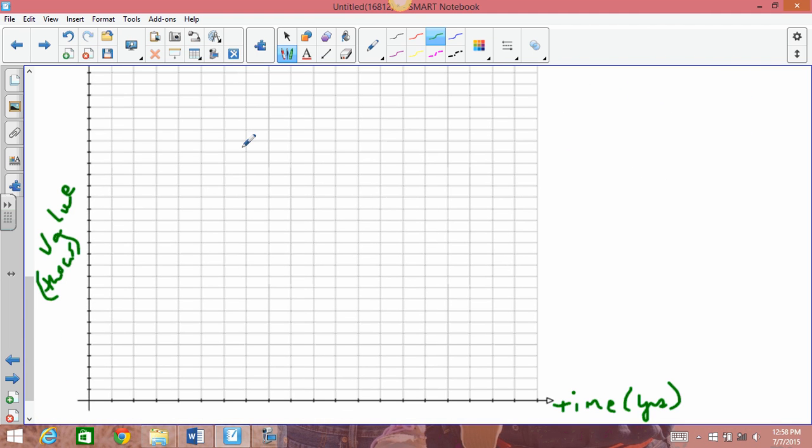So that's the reason why you see on my solution key that I started down here at 3, 6, 9. Let me try to do this as precisely as I can. 21, 24, 27, 30, 33.